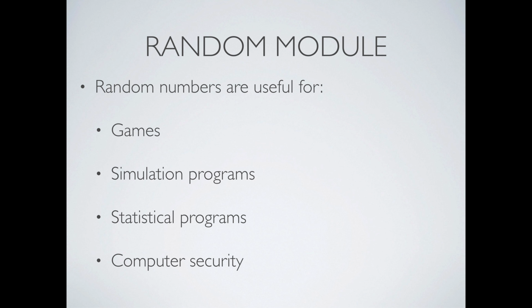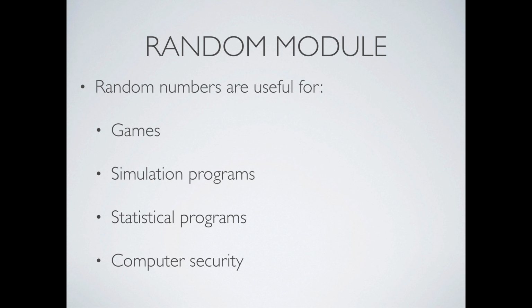So the base idea behind this is you can use random numbers for a lot of different things in programming. So for example, games use random numbers. For example, if you're trying to determine whether or not you make a critical hit, generally it's some sort of random number choice that happens to determine whether or not it happens.